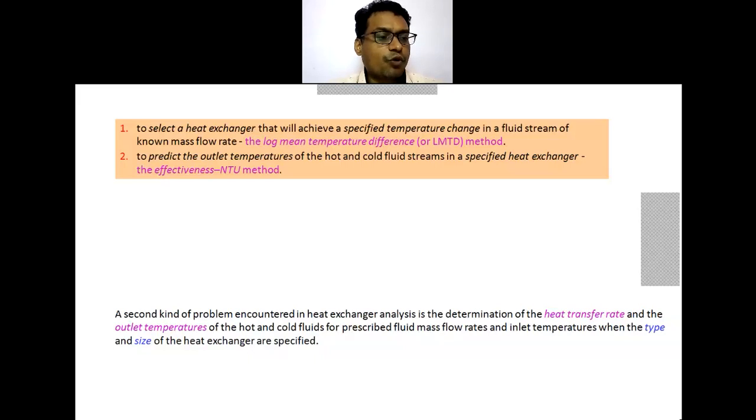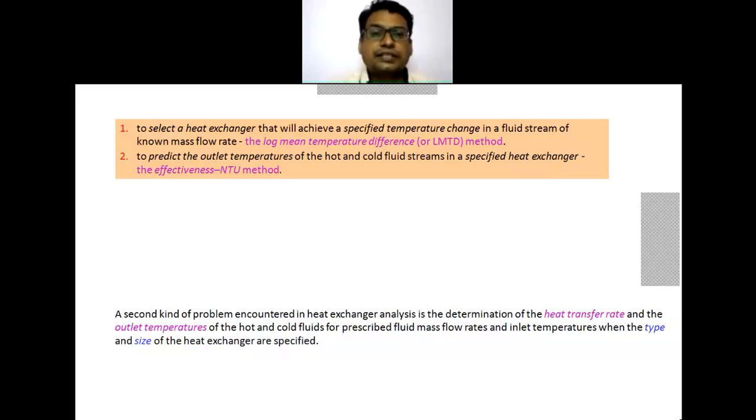The flow rates of the two fluids and their inlet and outlet temperatures are specified, so you can calculate the heat transfer area. After calculating the heat transfer area, you can design the heat exchanger by considering the exchanger layout, the individual heat transfer coefficients, the overall heat transfer coefficient, the pressure drop, and finally the optimization method.